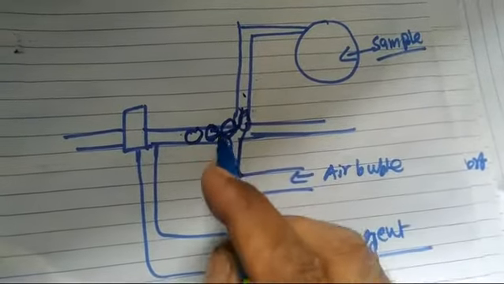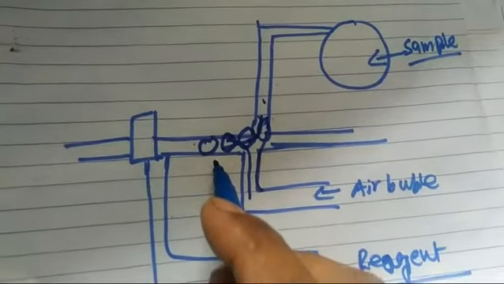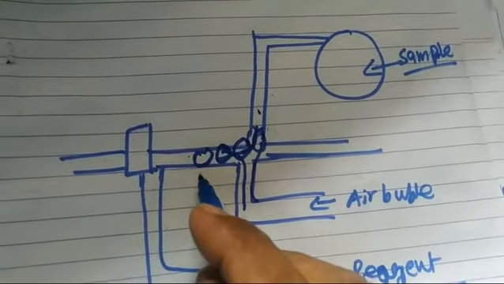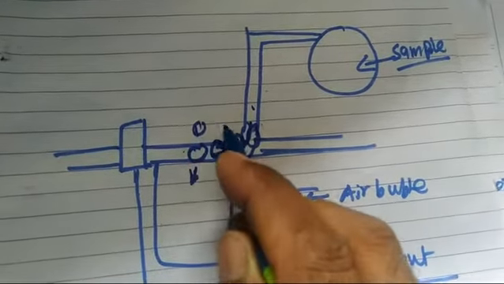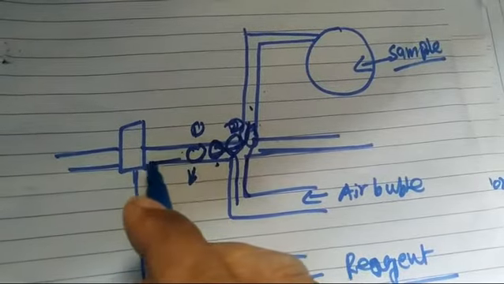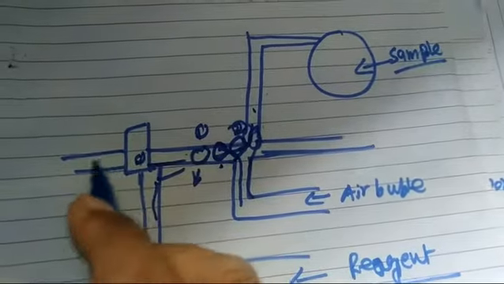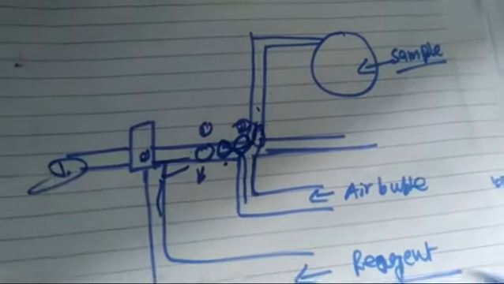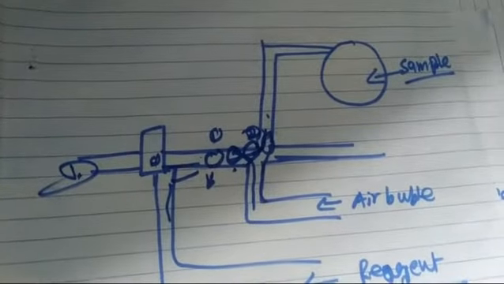So air bubbles are used for the prevention of mixing of two samples, the first sample and the second sample. After this, here is the mixing of reagent and sample, and here is the detector. So this is the old method before flow injection analysis.